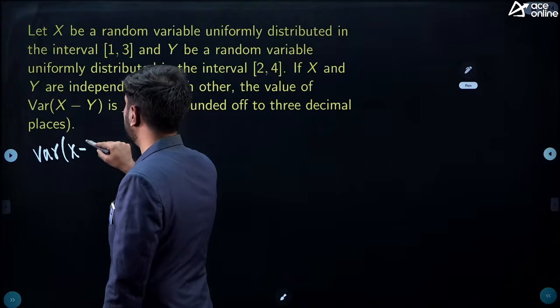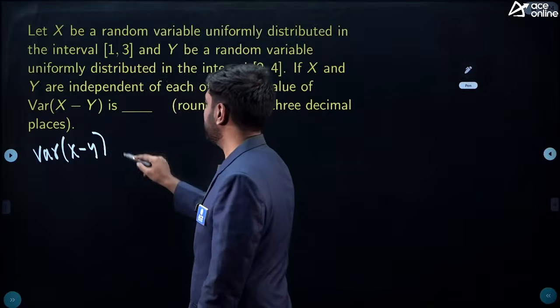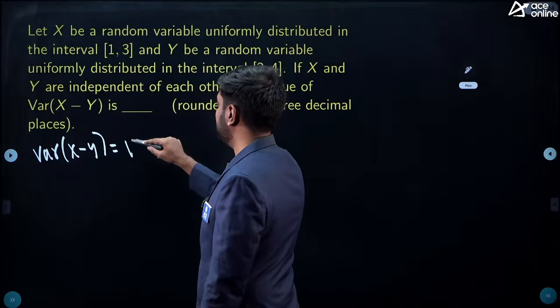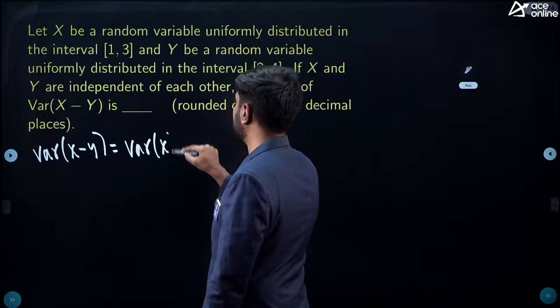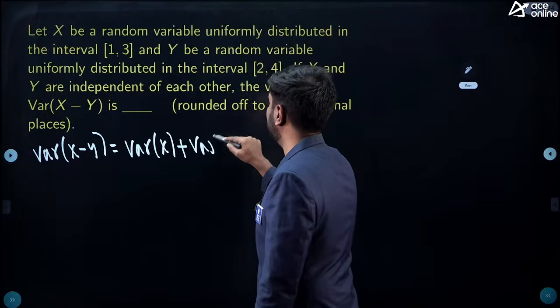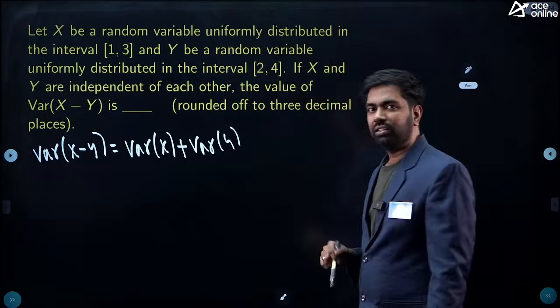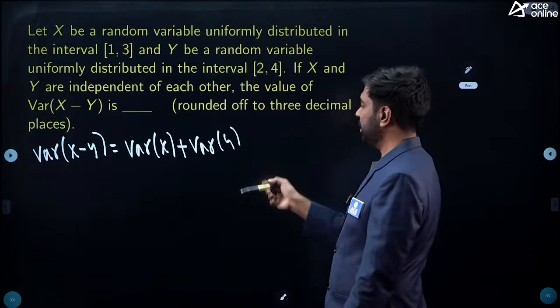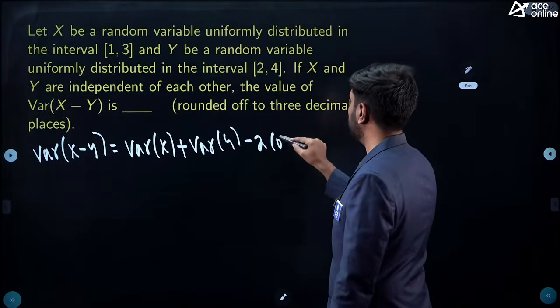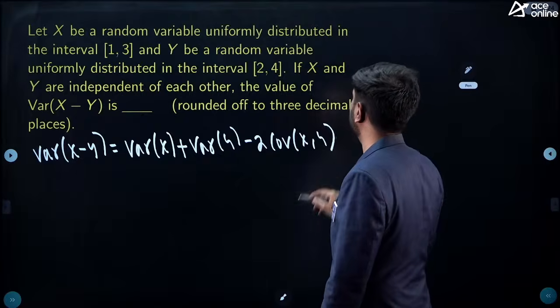When x and y are independent, this is a surprise formula, you know. The variance of x minus y is variance of x plus variance of y. The actual formula is variance of x plus variance of y minus 2 into covariance of x comma y.